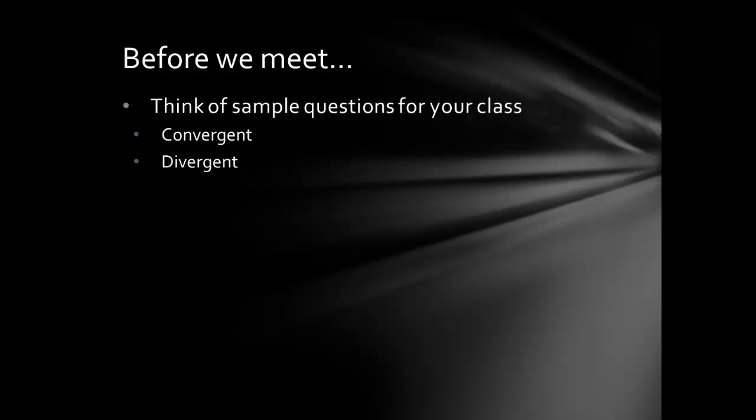Think, okay, what would be some good questions to get my students to think that are convergent questions looking for one answer? Think of some divergent questions. Think ahead about these. And then think of ways that you can ensure all your students are involved in your questioning. And then we'll talk about this when we meet together and can start learning from each other.